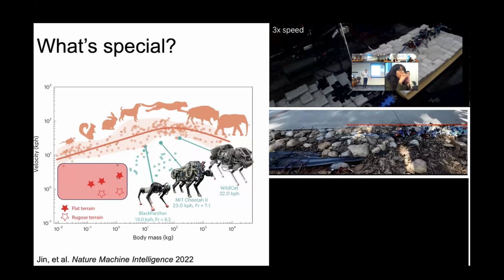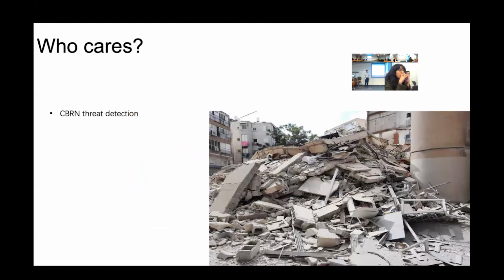But who cares about the capability of the mesoscale robots? The first application would be the CBRN threat detection, short for chemical, biological, radioactive, and nuclear threat detections in confined spaces such as the collapsed buildings or disaster scenes. Here is an example of the collapsed buildings.